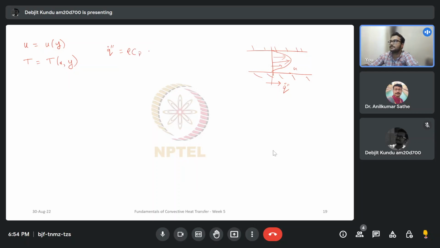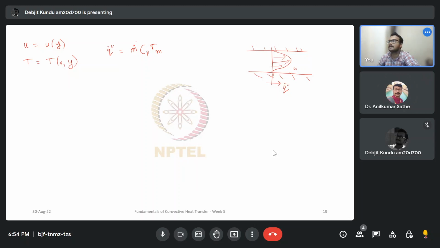So what should this be? There is a mass flux, and that mass is carrying some energy with it, so it should be m dot Cp into some Tm, some characteristic bulk mean temperature.